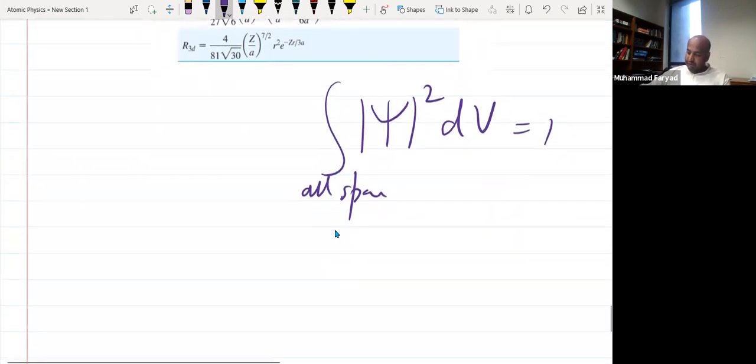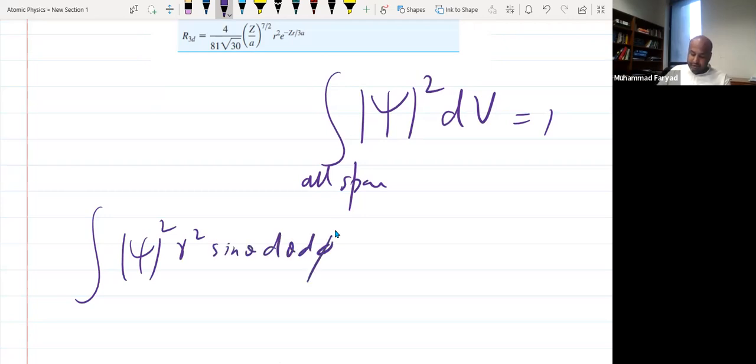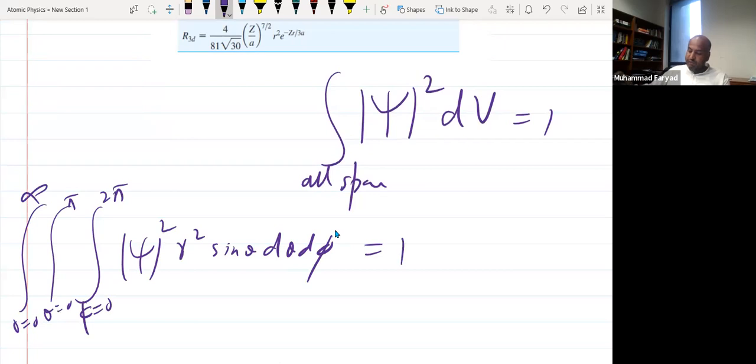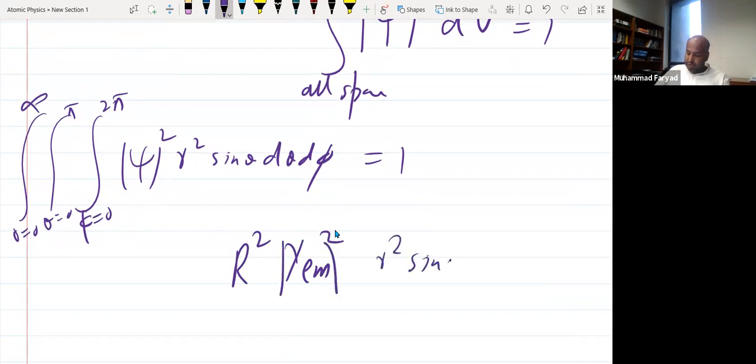In spherical coordinates this becomes the integral of |psi|^2 r^2 sin theta dr d theta d phi, where r goes from 0 to infinity, theta from 0 to pi, and phi from 0 to 2 pi. This has to be 1. If I put in psi^2 as R^2 times Y_lm^2, times r^2 sin theta d theta d phi.